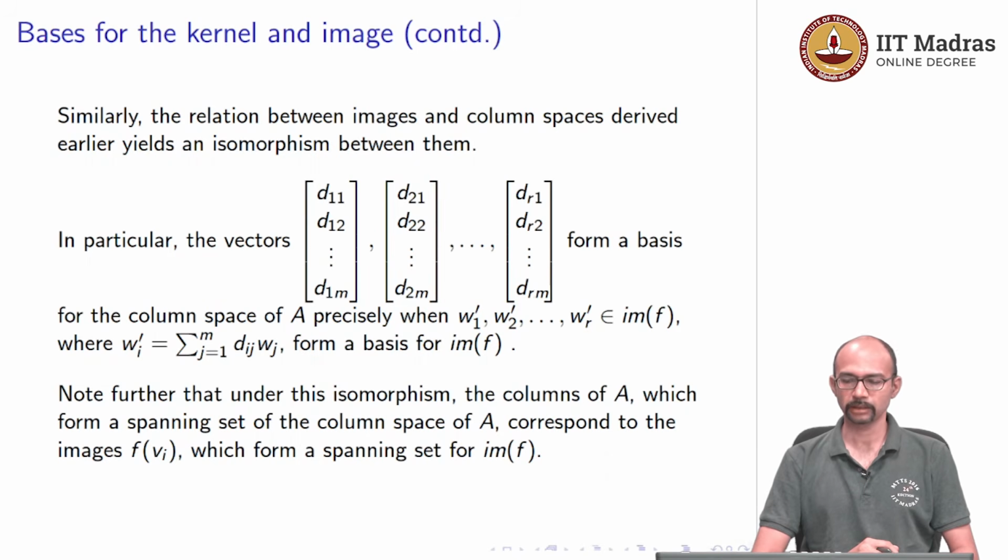So, we have seen that these are isomorphic, we know the interplay between these two, and using these we can get bases by considering the corresponding matrices that we obtain, and then obtaining bases for those using row reduction, which we know how to do from last week.